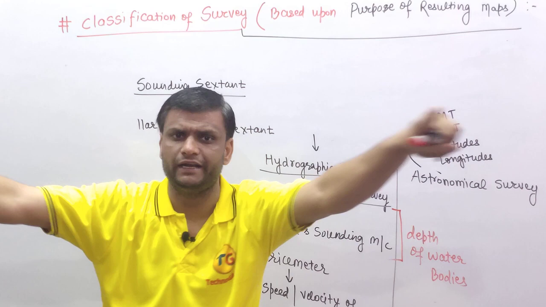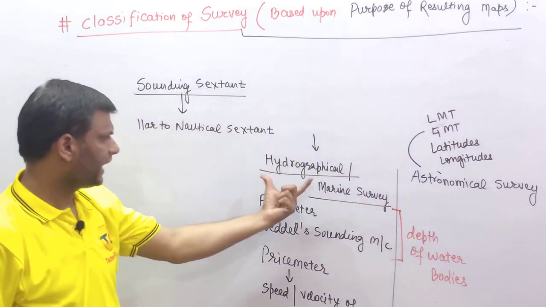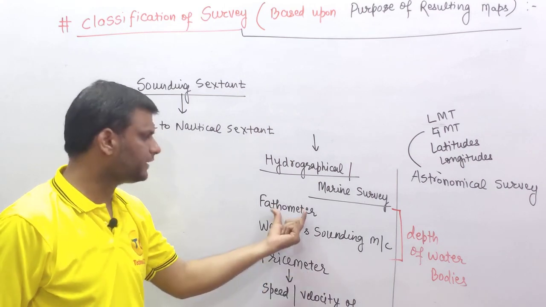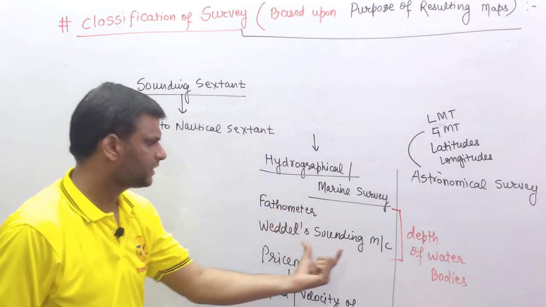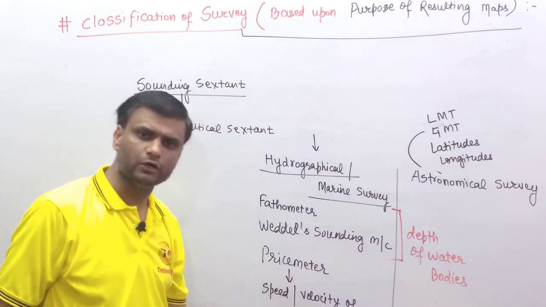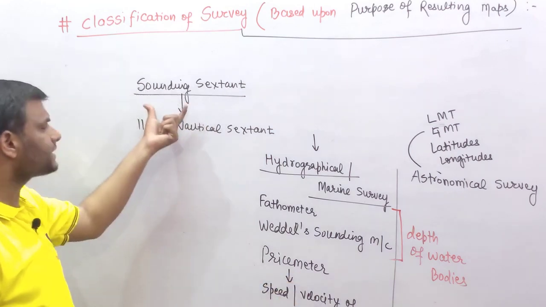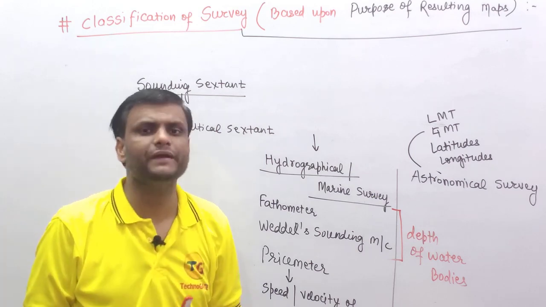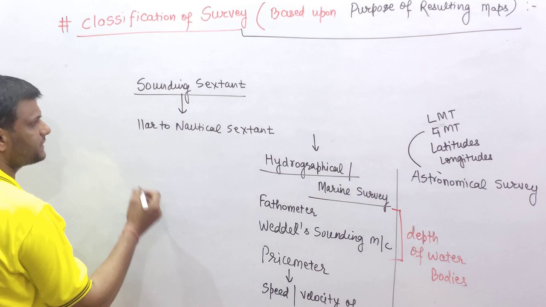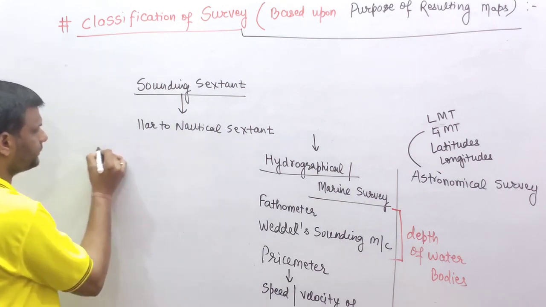The angle is a horizontal angle. So in hydrographical survey, four instruments are commonly used: fathometer and Weddell's sounding machine for the measurement of depth of water bodies, price meter for the measurement of velocity or speed of water bodies, and sounding sextant, used for the measurement of horizontal angle between two water bodies, similar to nautical sextant.